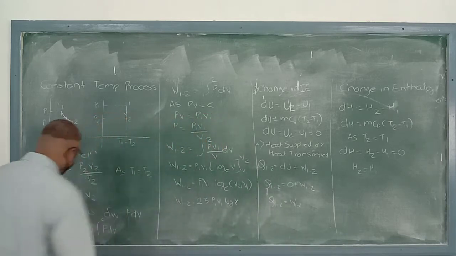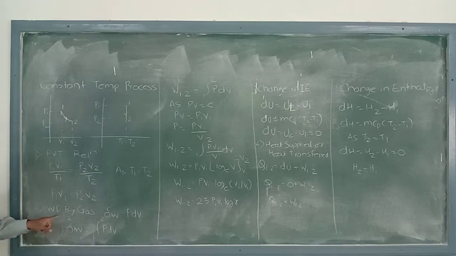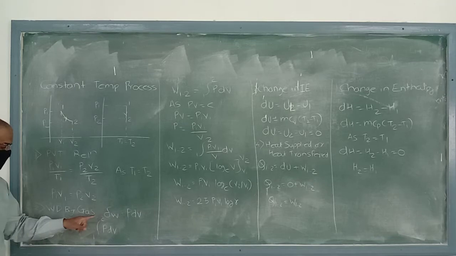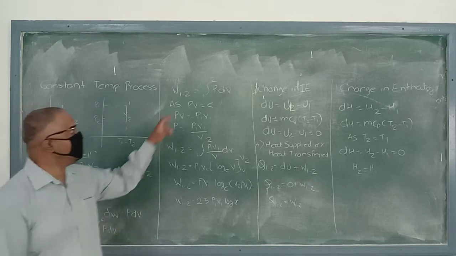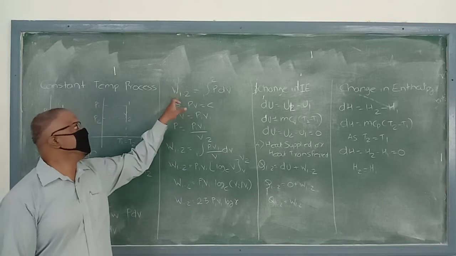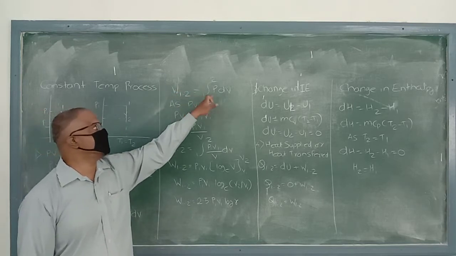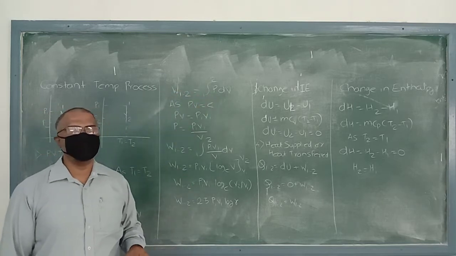You can see here clearly. We can take the integration from 1 to 2 of delta W is equal to the integration from 1 to 2 of P dV. So we get W1 to 2 is equal to the integration of P dV.